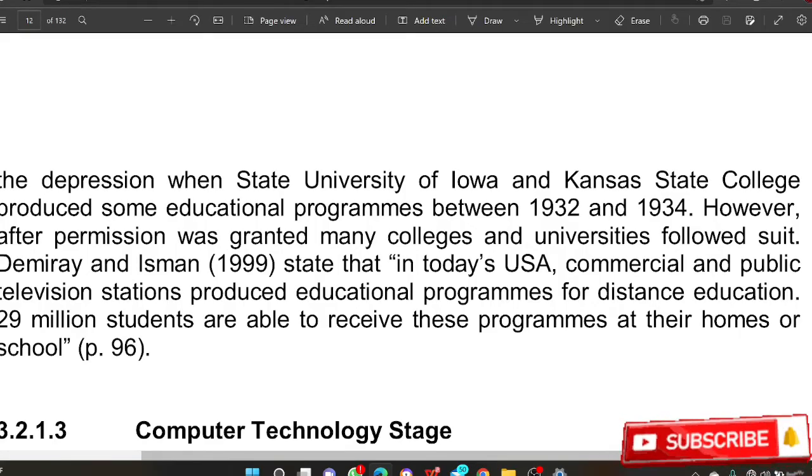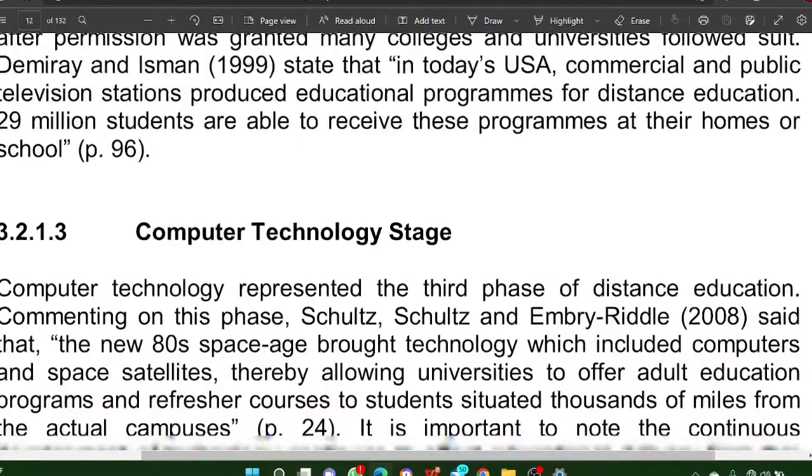However, after permission was granted, many colleges and universities followed suit. Demiray and Eastman, 1999, stated that in today's USA, commercial and public television stations produce educational programs for distance education. 29 million students are able to receive these programs at their homes or school.